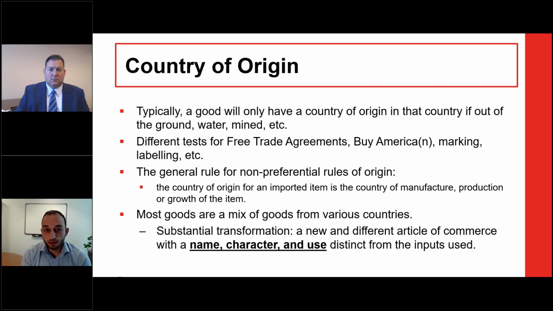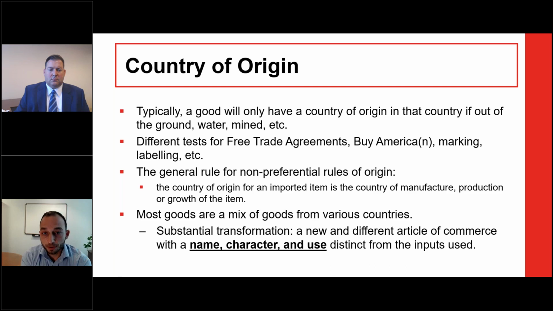So what is a country of origin of a product? Well, typically a good would have the country of origin in that country only if it's out of the ground, water, or mined in that country.